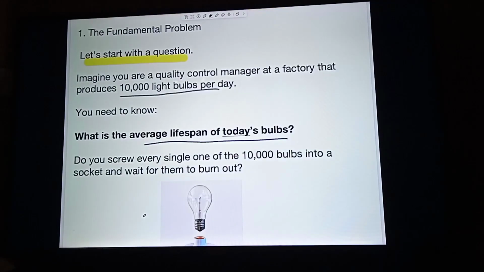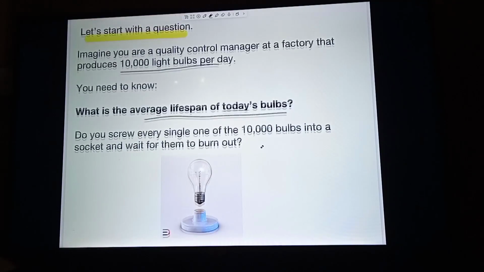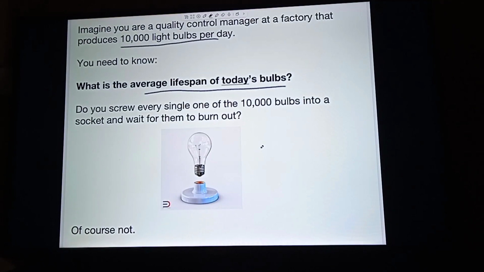So, do you screw every single one of the 10,000 bulbs into a socket and wait for them to burn out? As we know that the average lifespan of a quality bulb is from 15,000 hours to 50,000 hours. So this is not possible. And of course, we will not check it like this.